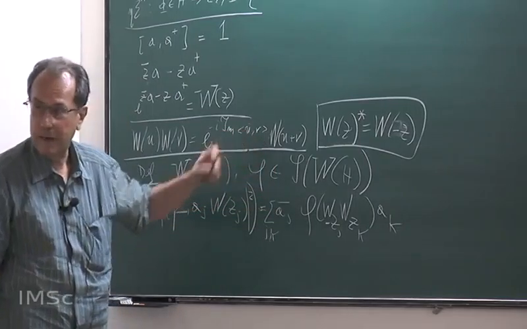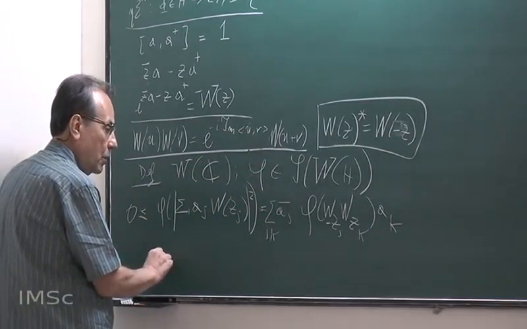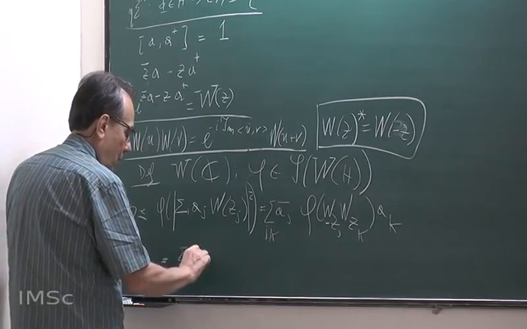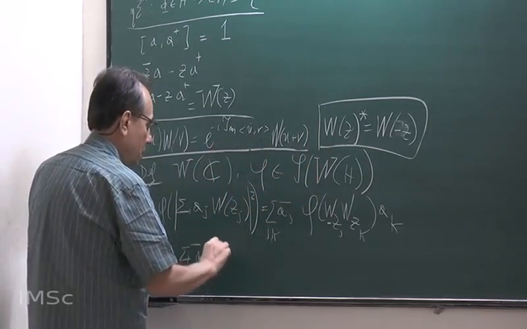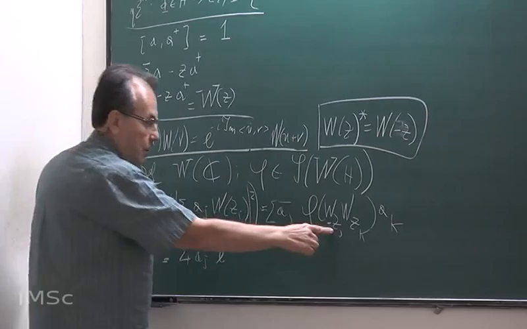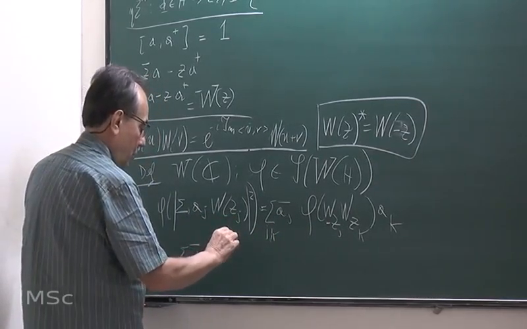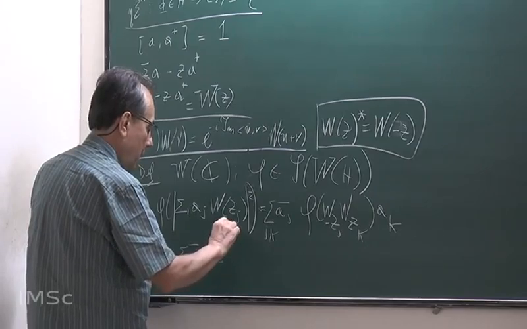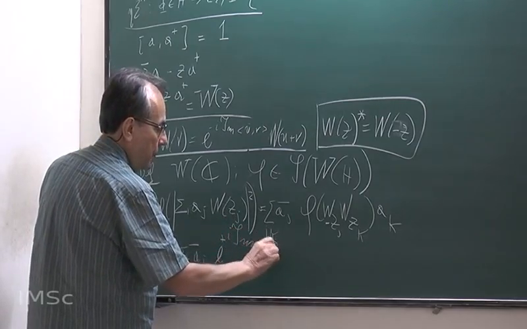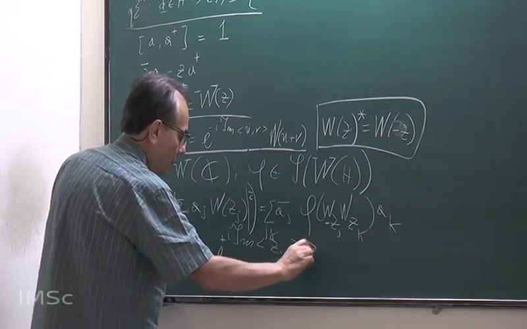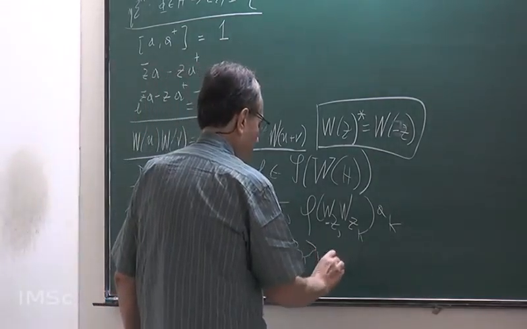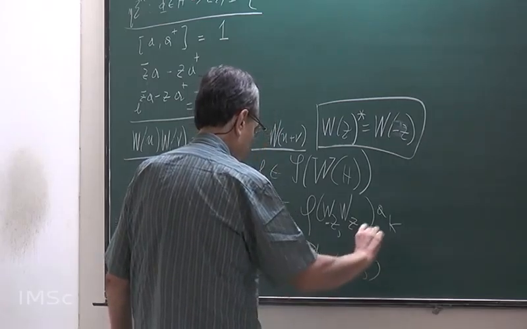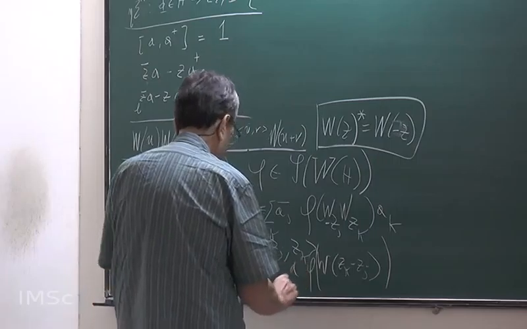Now you use the Weil relations, and you get that this is equal to the sum of aj bar, and you bring out the exponential, this is plus because there is minus here, of i times the imaginary part of the scalar product of zj and zk, and now you have here W(zk minus zj), and here you can take expectation, and here you put aj bar ak.